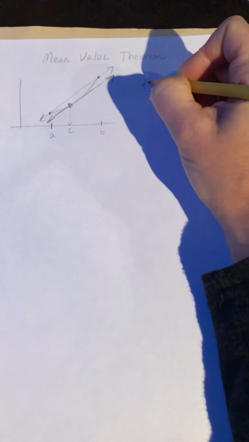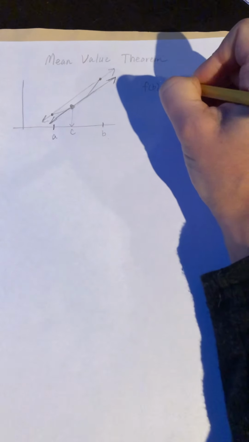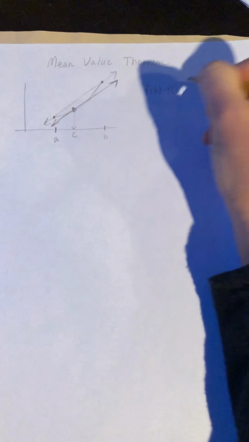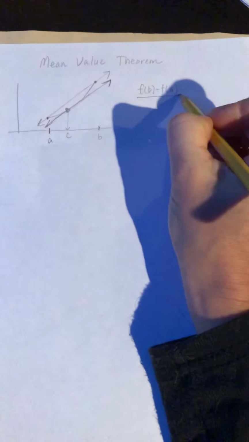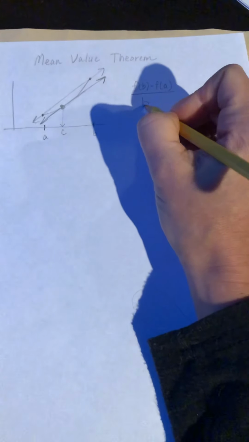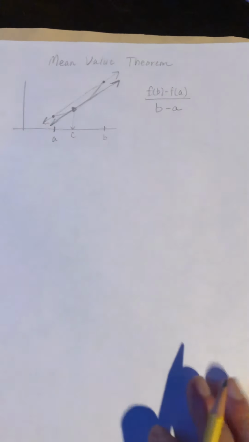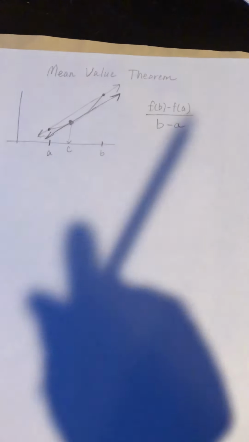So the slope of the secant line we could represent as f of b minus f of a, over b minus a. So something to that effect. Now, if these lines are parallel, we do know that the slopes are the same.